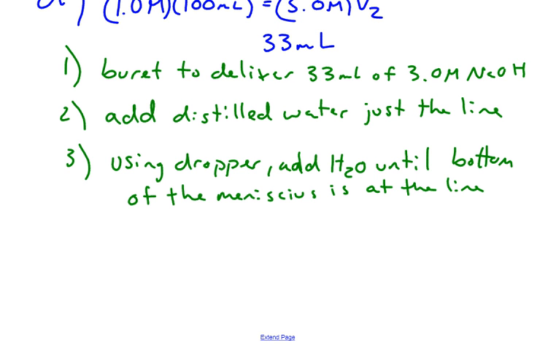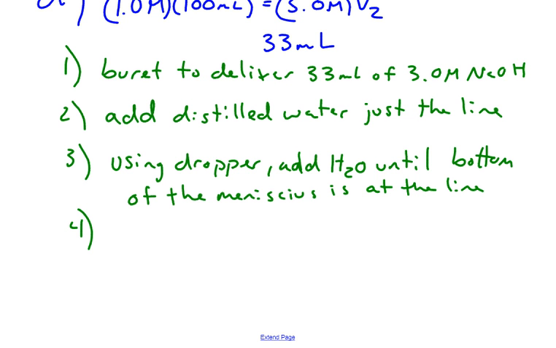Although I'm not being technical, I'm just calling it a line, calibration line. I did look that up. So using a dropper, add H2O until the bottom of the meniscus is at the line. Then, technically, I don't know how many steps I'm supposed to do. What do we need to do to finish this off?